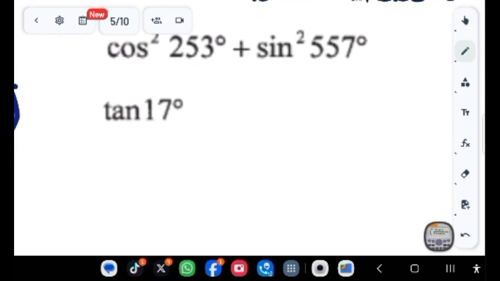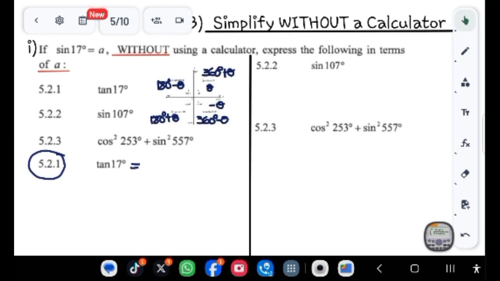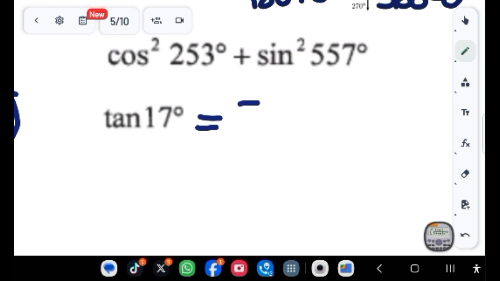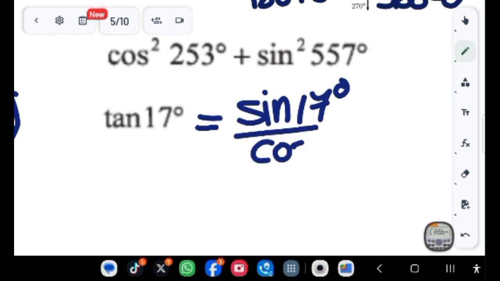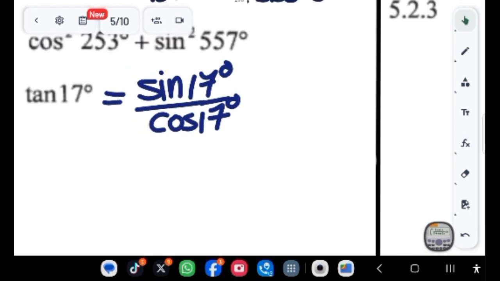All right, so first of all, you use the quotient identity. Remember, the quotient identity says that tan of any angle theta can be changed into the sine of theta over the cos of theta. So here the theta is 17 degrees. We already know what the sine of theta is; it's given to us.